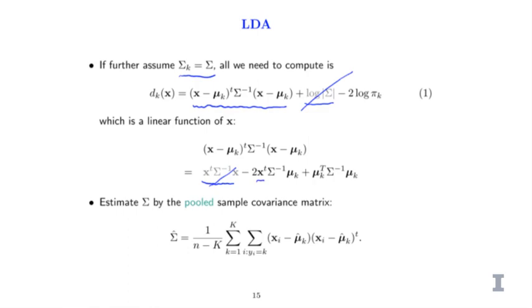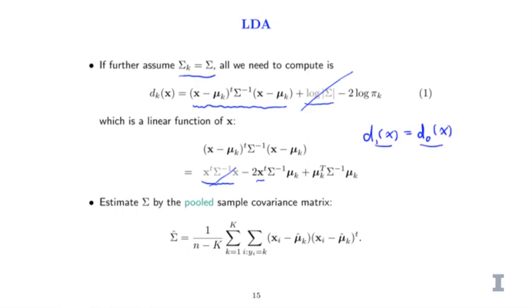So this is why, when we assume all the covariance matrices are the same for all the Gaussian distributions for all the classes, we are back to linear discriminant analysis, because the discriminant function is a linear function. When we are looking at the decision boundary, for example, when k can only take two different values, we evaluate the locations of x where d1 of x is equal to d2 of x, or d0 of x.